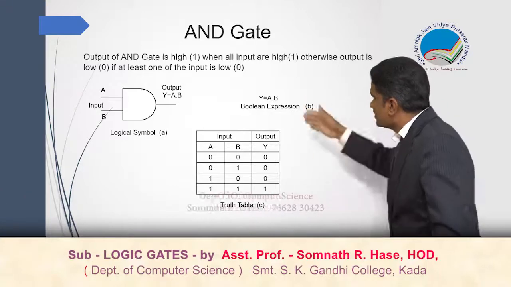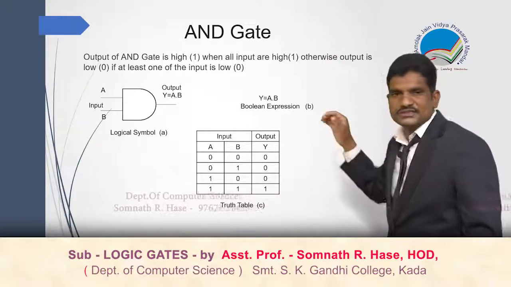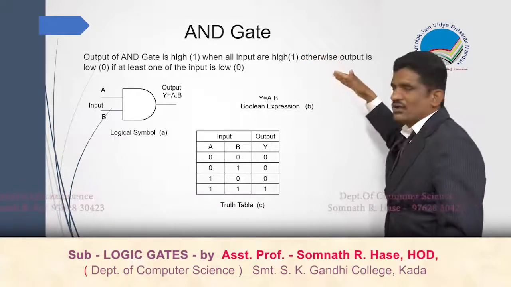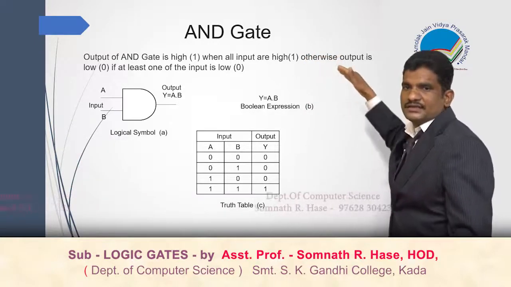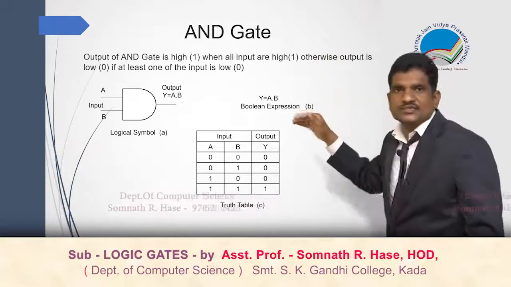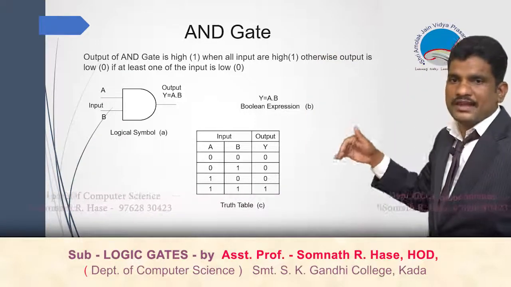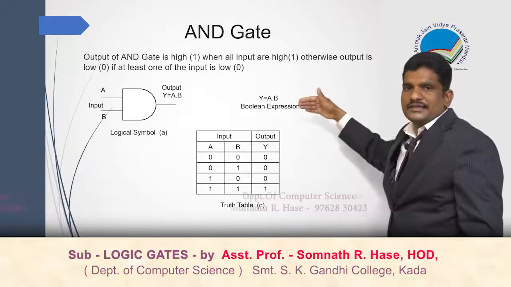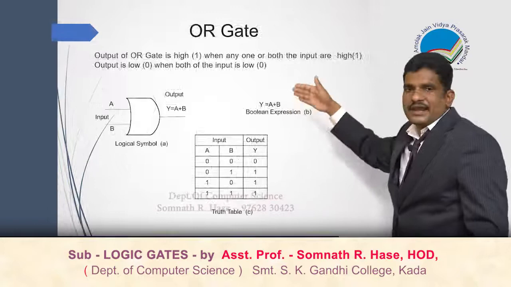In all other combinations, the output is 0. On this side, we can see the logical symbol of the AND gate. There are two inputs A and B. The output is Y equals A AND B. The Boolean expression of the AND gate is Y equals A AND B.